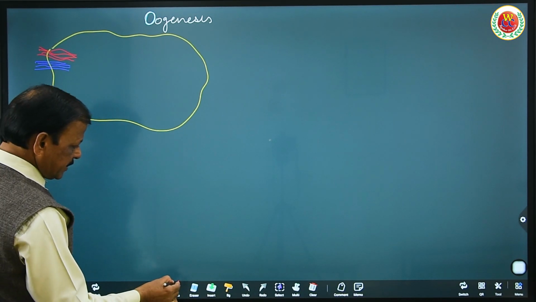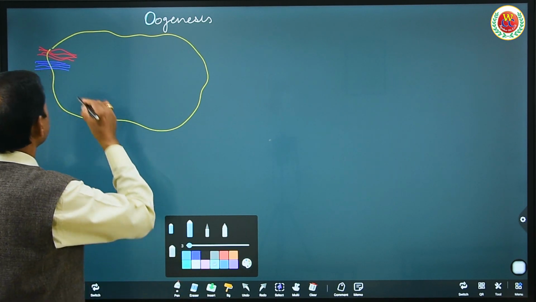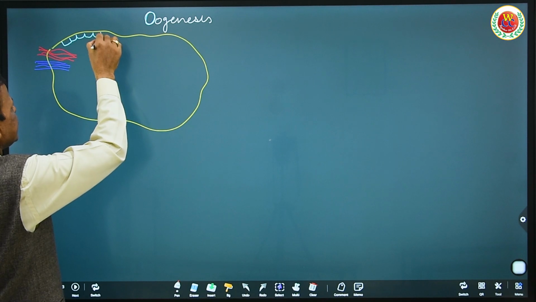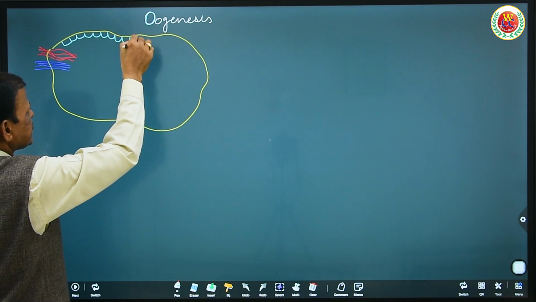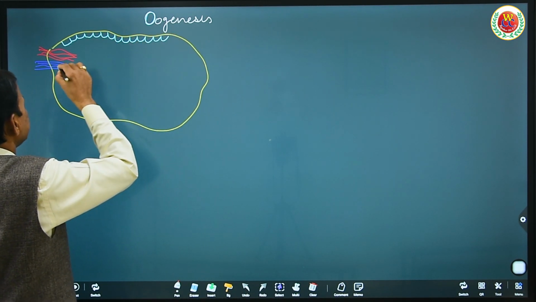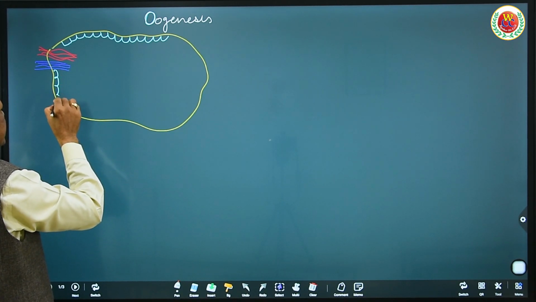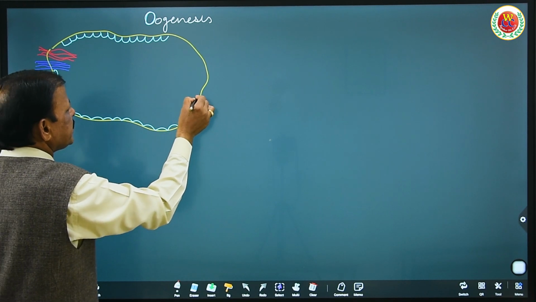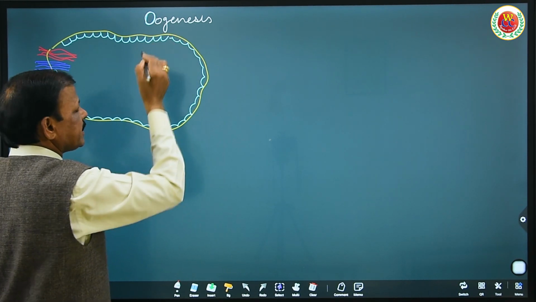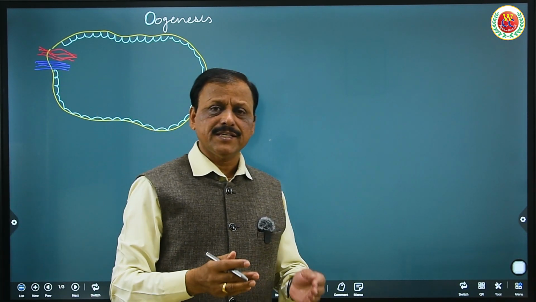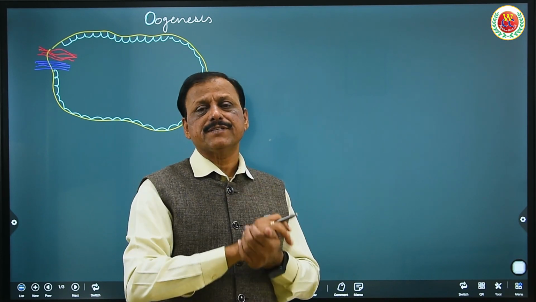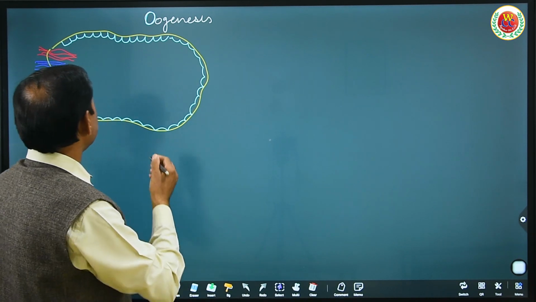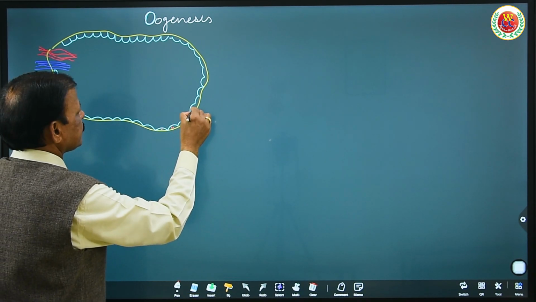Now internally these ovaries are lined by germinal epithelial cells. Already in the mother's body itself, before taking birth, these Oogonia mother cells, around 2 million Oogonia, are produced inside the ovary of the female fetus during embryogenesis itself.